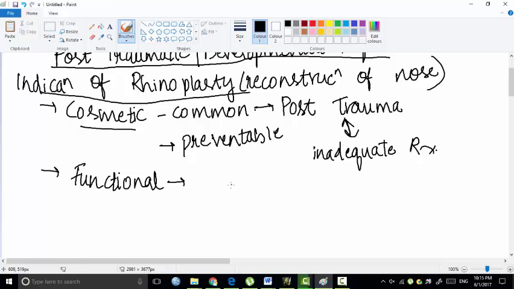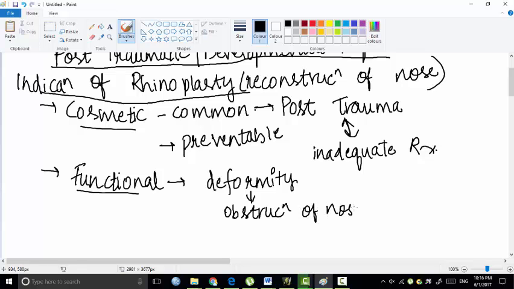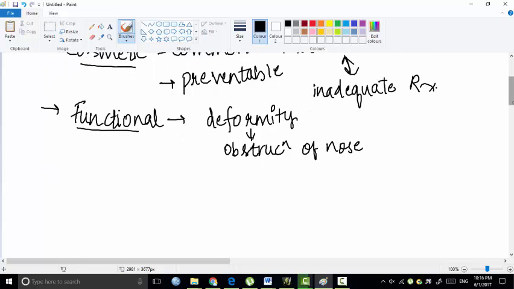So here the external nasal deformity which is seen, that deformity which may be due to any type of deformity, if it's bigger, this may lead to obstruction of the nose. Once there is obstruction of the nose, there may be difficulty in breathing, right?